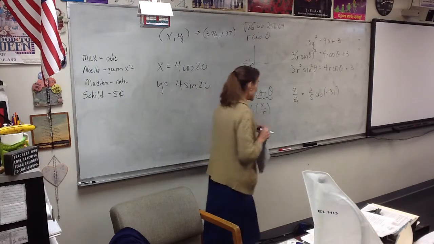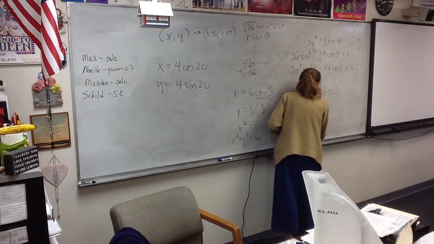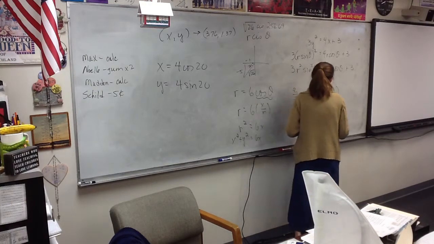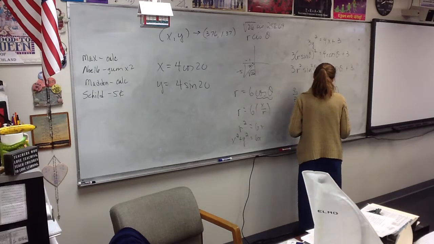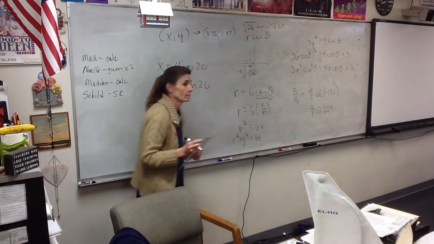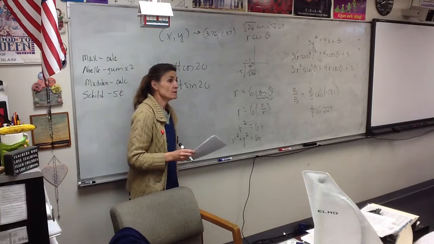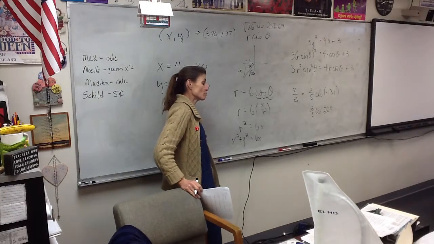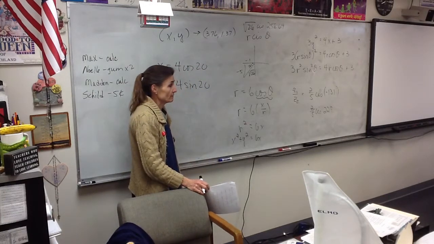How do we get the positive equivalent of that? Add 360. So what will that give me? 229. The rule for division of complex numbers in polar form: we divide the r's and subtract the angles.